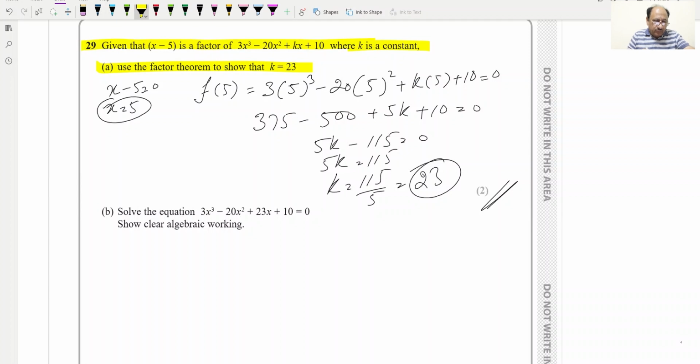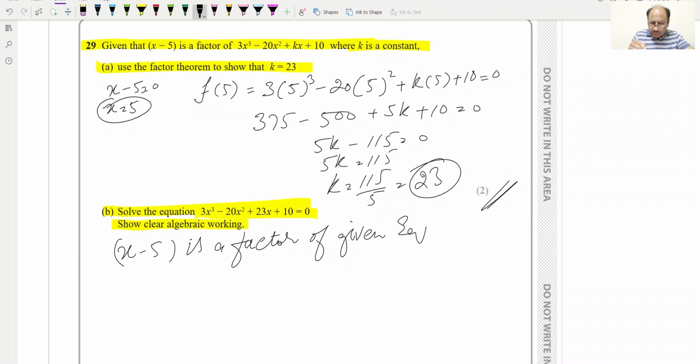Now we can move to part B: solve the same equation they have provided, and show clear algebraic working. From part A we know that x minus 5 is a factor of the given equation.